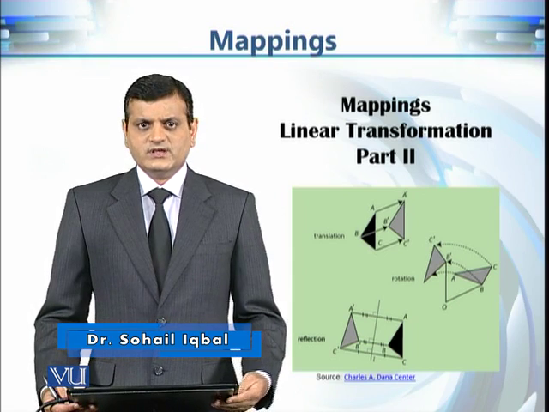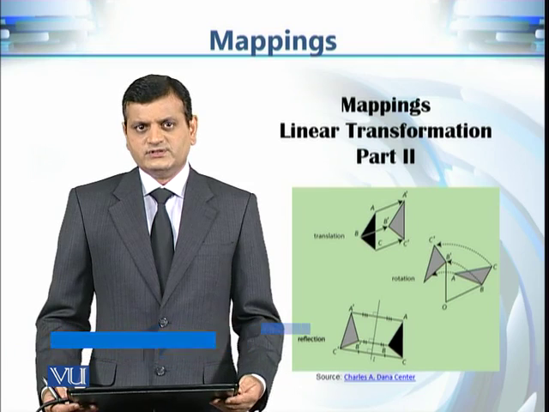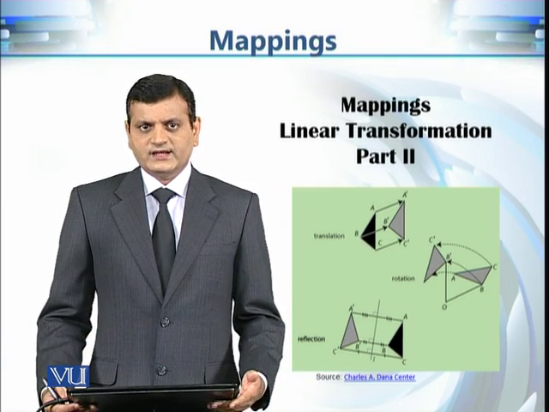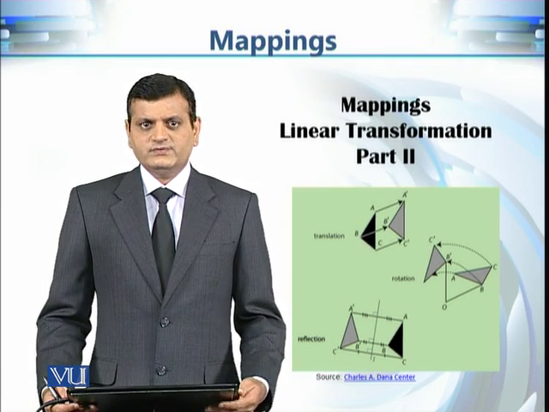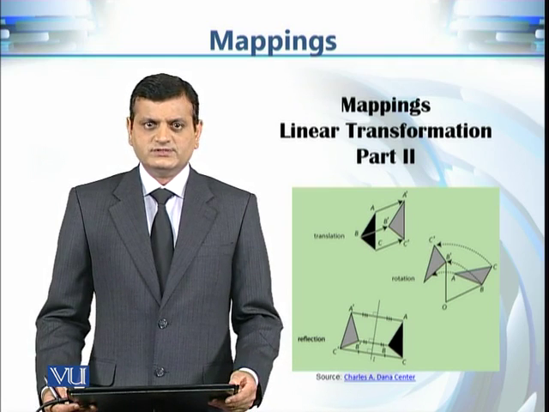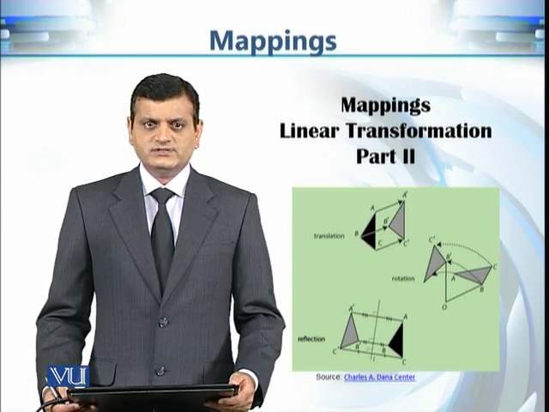For example, if the given information is the translation, or this linear transformation should rotate and should translate by this much complex number, then we constructed that linear transformation. We also observed how to construct the images in the w plane.